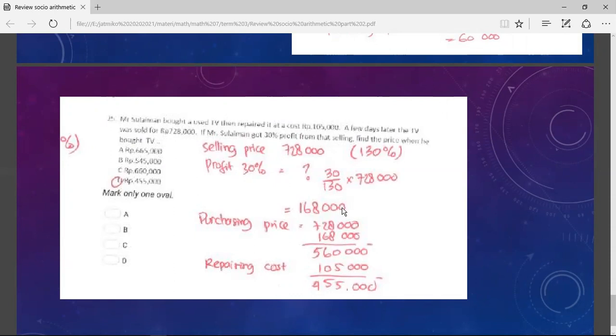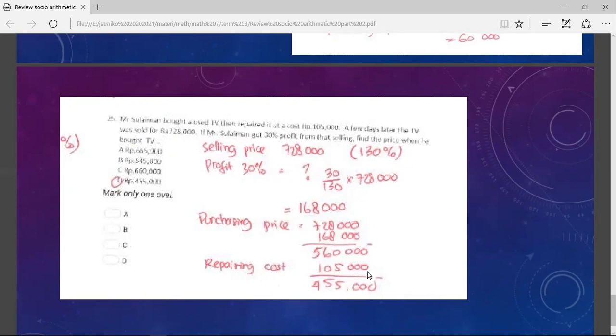After that, we want to find the purchasing price. So the purchasing price is the selling price minus the profit, that is equal to 560,000. And then after we find the total purchasing price, you know that the repairing cost is 105,000.